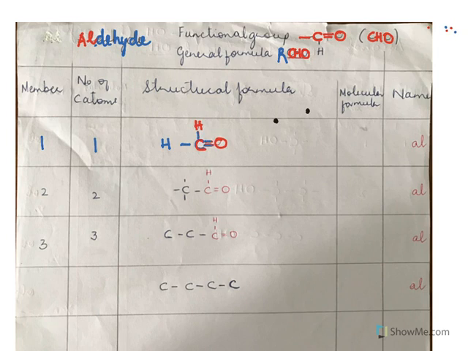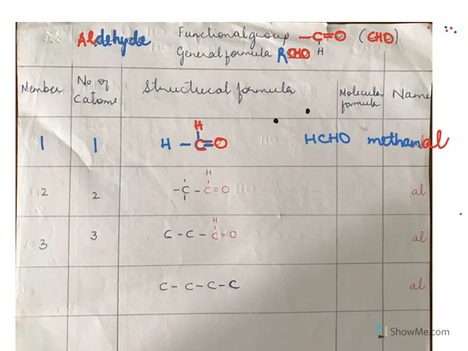So this is the first member, and it is HCHO. It is Al because it is aldehyde, so the name is methane. You remove the E and you put Al, so that becomes methanal, a 1 carbon aldehyde.